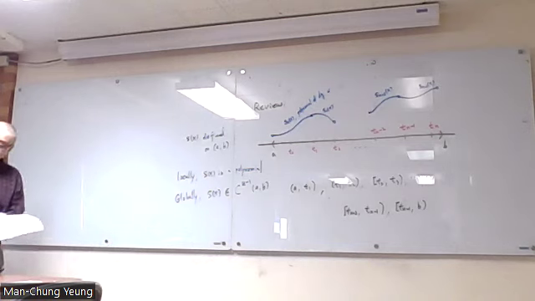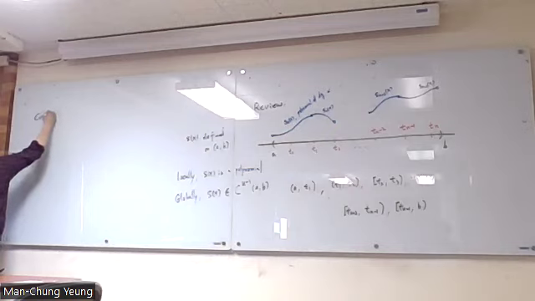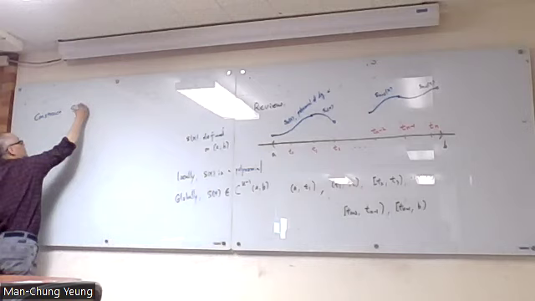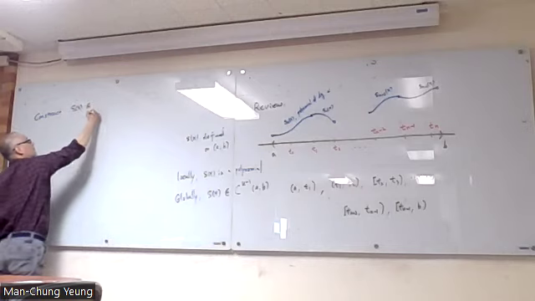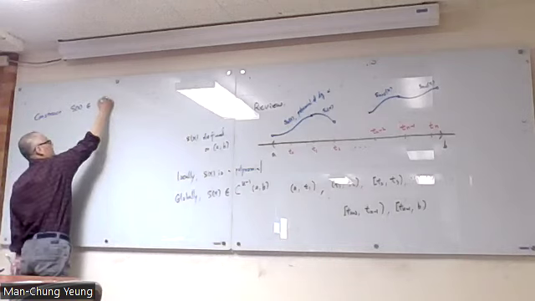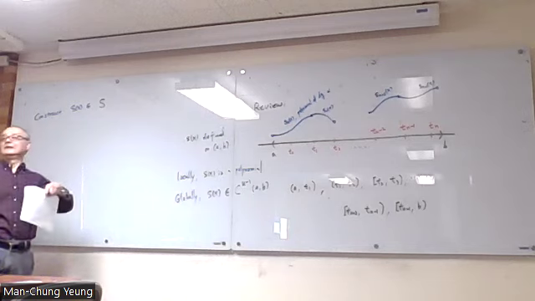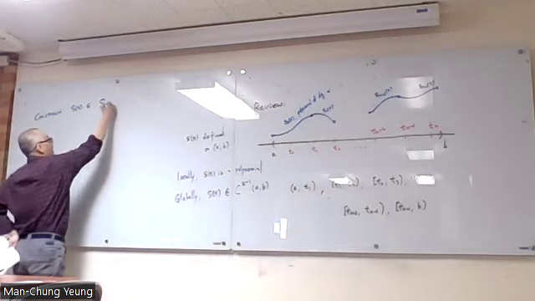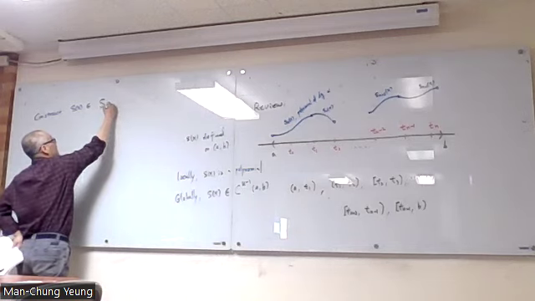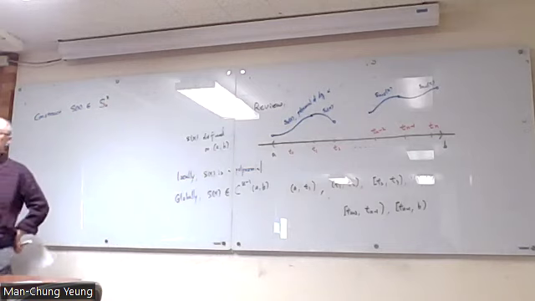Now I want to construct a spline function. We have a notation for the set of all spline functions, with k equal to 3.